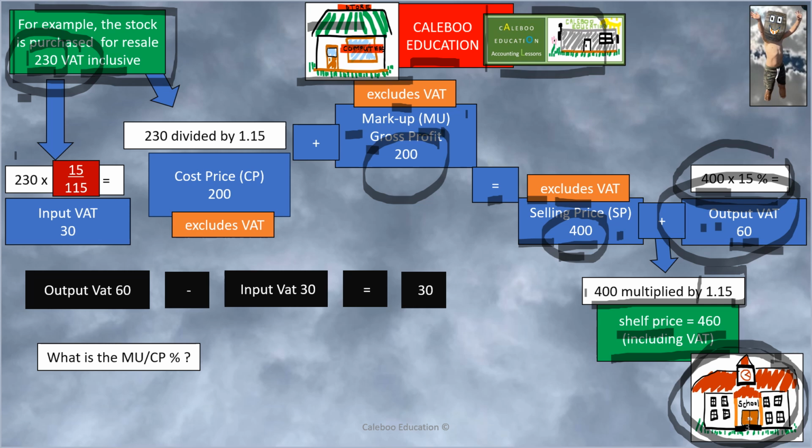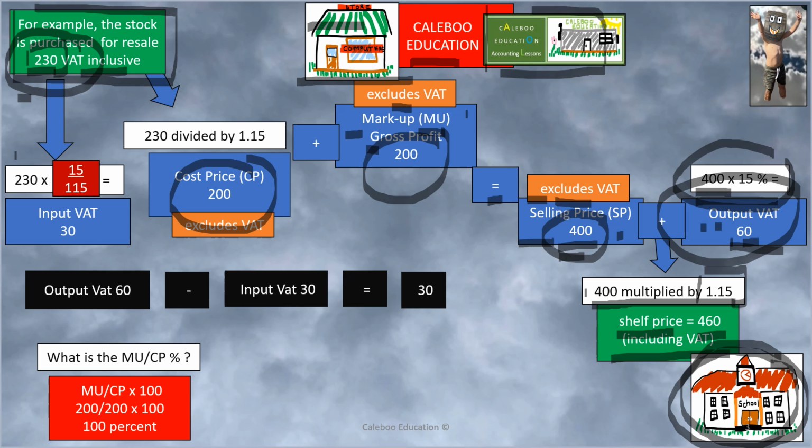The markup was 200. What was the cost price? The cost price was also 200. And if you want to work out something as a percentage, you must multiply by 100. So the markup on cost price percentage is the markup of 200 divided by the cost price, remember, excluding VAT, multiplied by 100. And the markup on the cost price is therefore 100%.